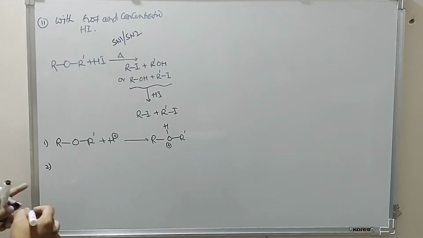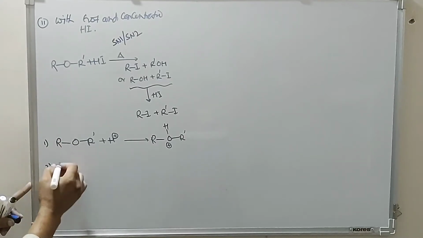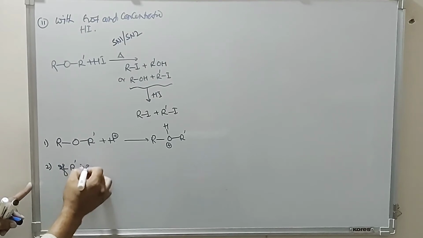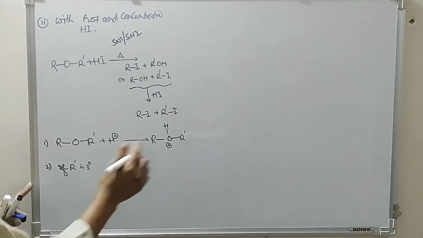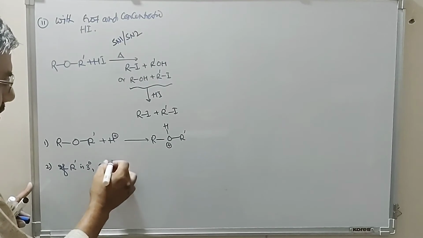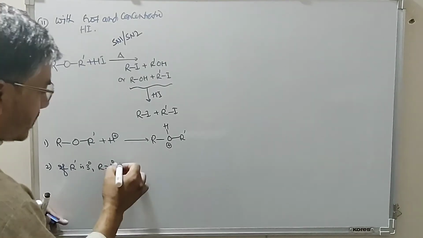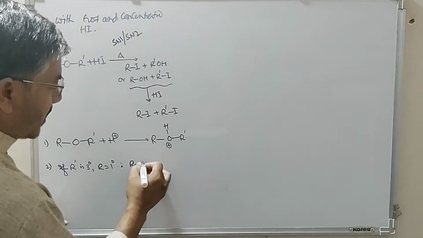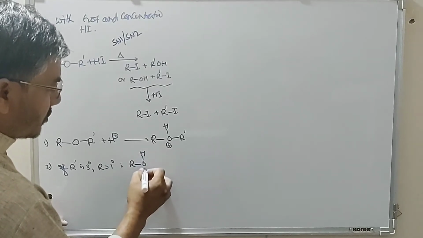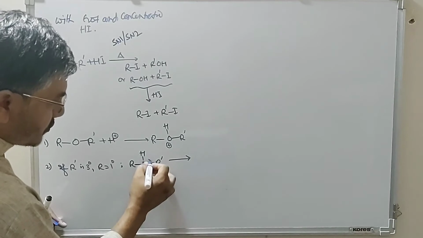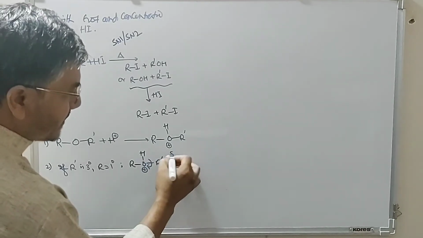Step 2: if R prime is tertiary and R is primary, so we have a combination of tertiary alkyl group and primary alkyl group, then this undergoes reaction by SN1.